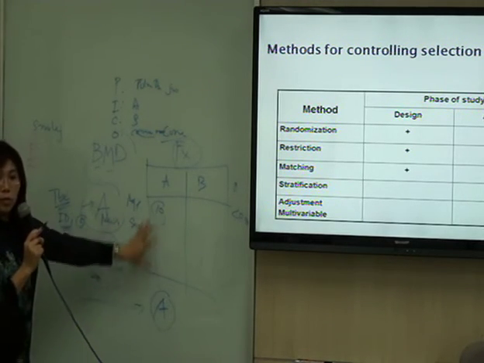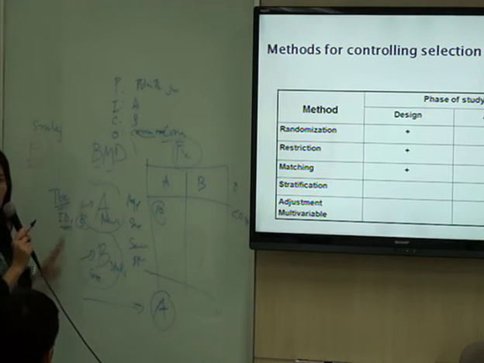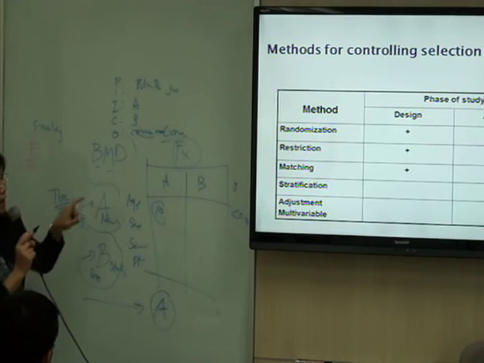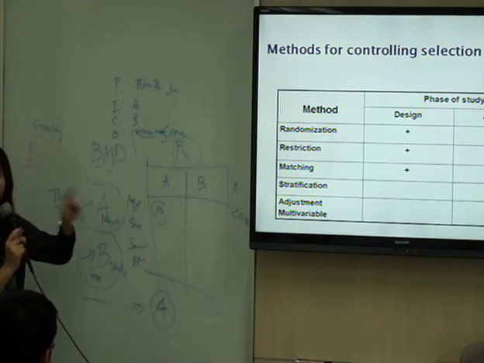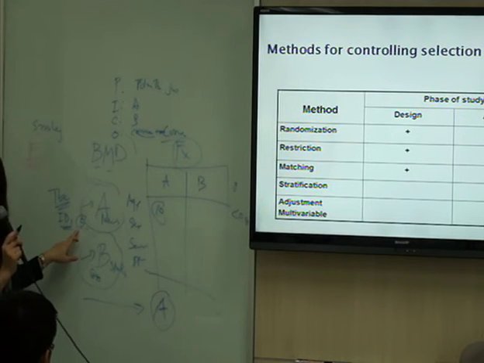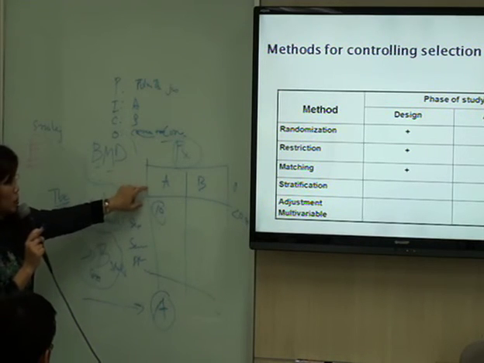So you create the score, and for each subject you will have a score. Then you use this score in adjusting the analysis, or you use this score to match the subjects. I mean, matched subjects should have similar scores.